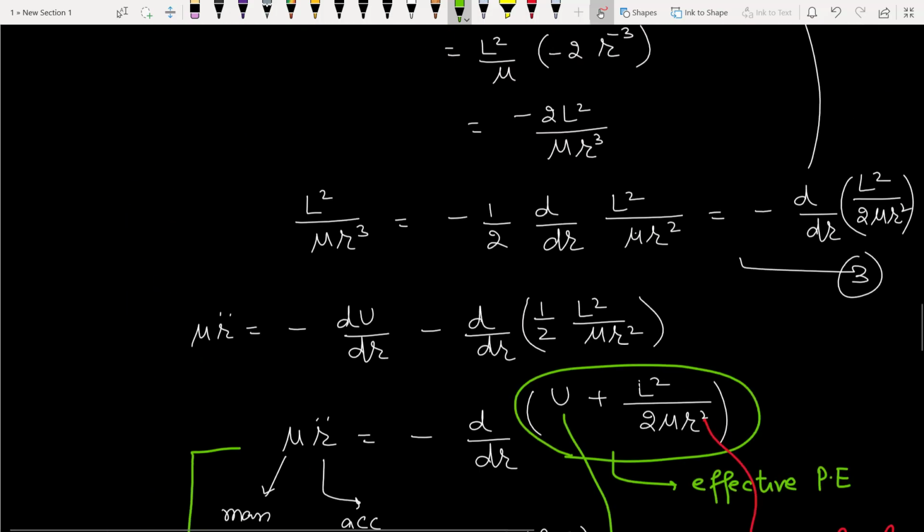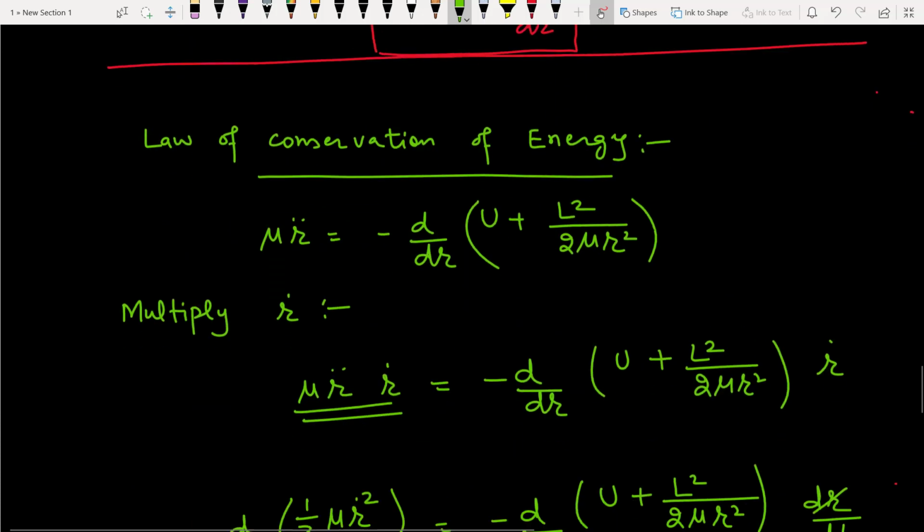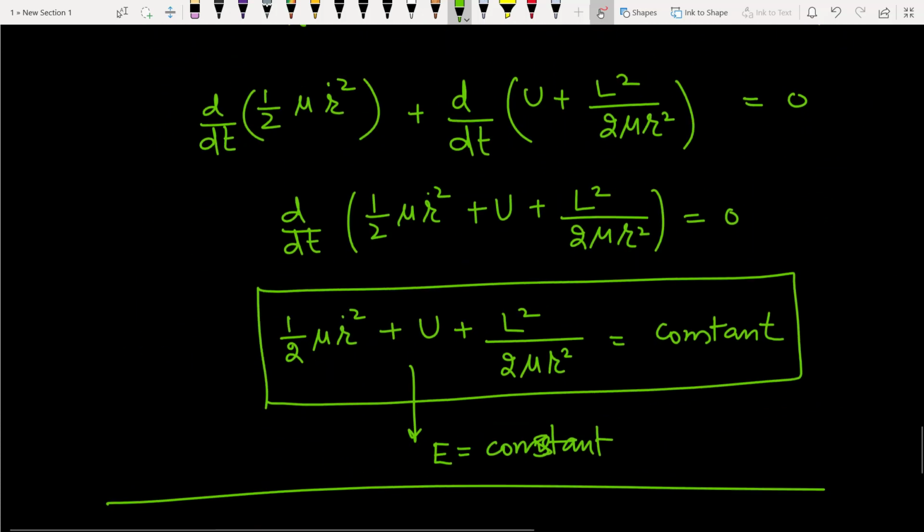Dear students, we have derived it here. So in a reduced one body problem, the total energy is constant. So this completes the present part. Keep in touch. Thanks a lot.